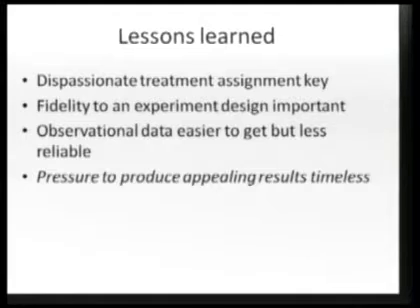The data that he ended up getting was essentially an observational study, and pretty much everyone got the phage, so he was left with trying to dissect trends of the attack rate or the death rate before and after districts and people got phage, and the results were, according to the biometrician in the story, not very impressive. And yet also the pressure to produce appealing results is kind of timeless. We still understand that today.